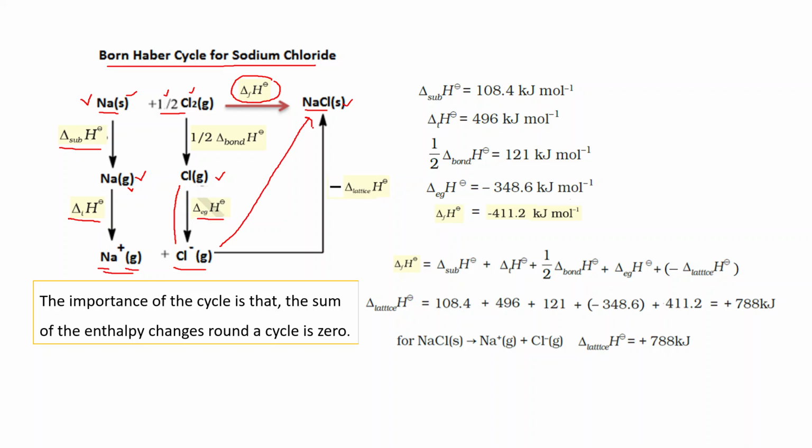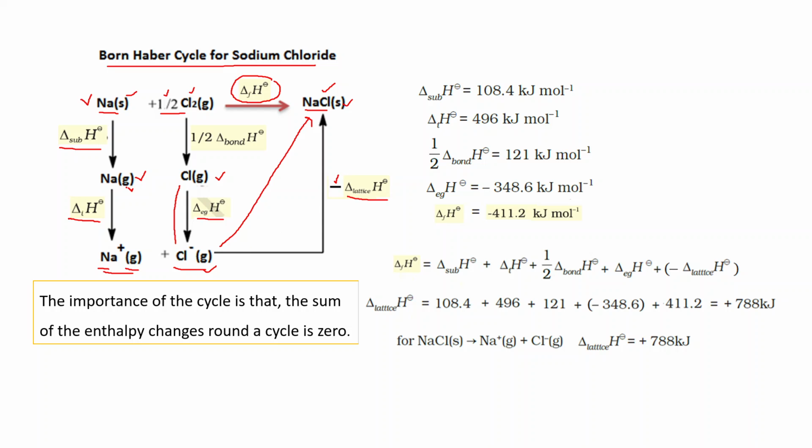In this case, whatever the change in enthalpy is the negative of lattice enthalpy. Why is this the negative of lattice enthalpy? Because as per the definition, lattice enthalpy is the change in enthalpy when 1 mole of solid ionic compound dissociates into its constituent gaseous ions.